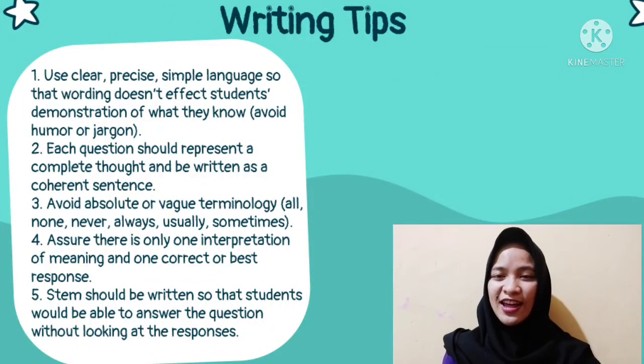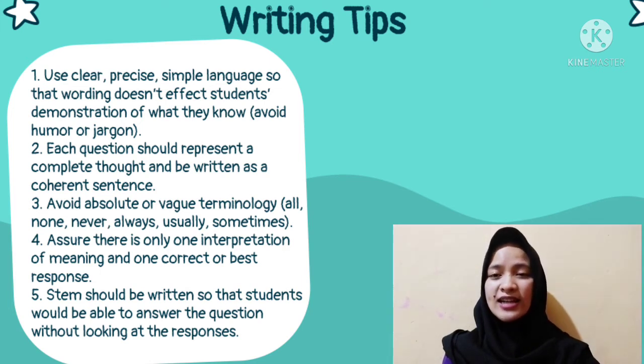Alright, now there are some tips for writing good multiple choice test items. The first one is to use clear, precise, simple language so that wording doesn't affect students' demonstration of what they know. Avoid humor or jargon. The second is that each question should represent a complete thought and be written as a coherent sentence.